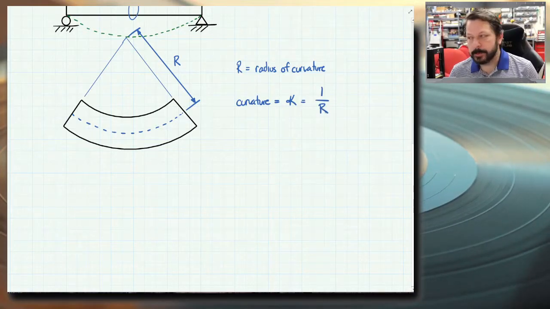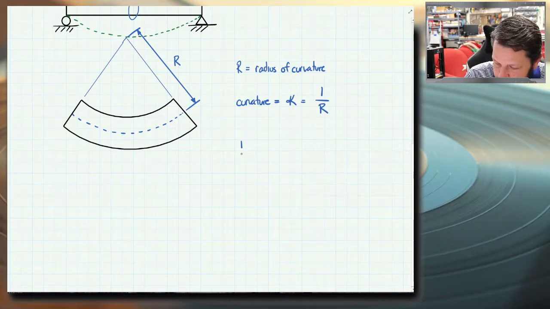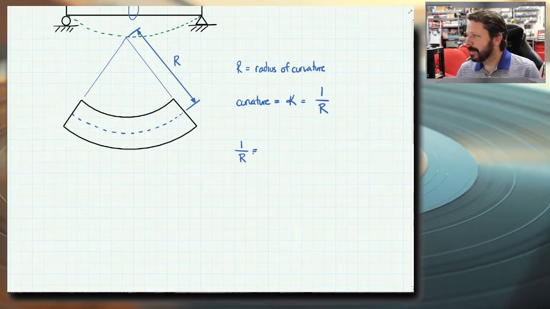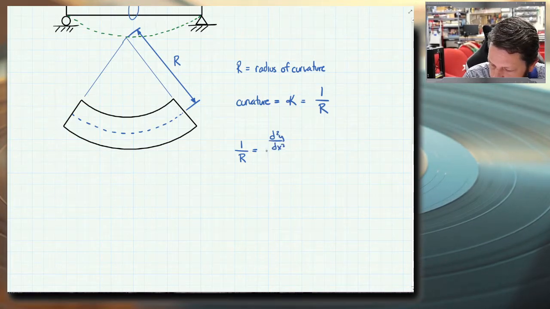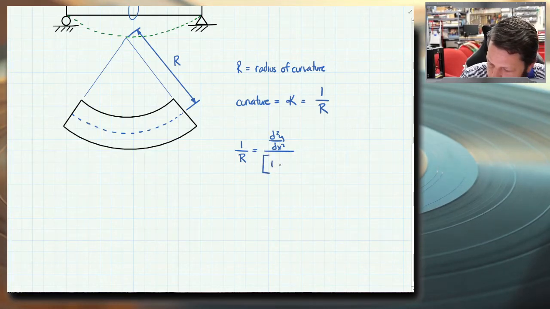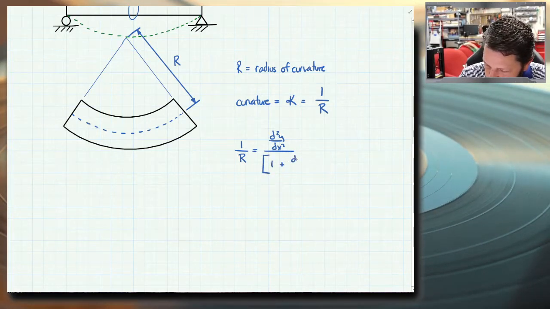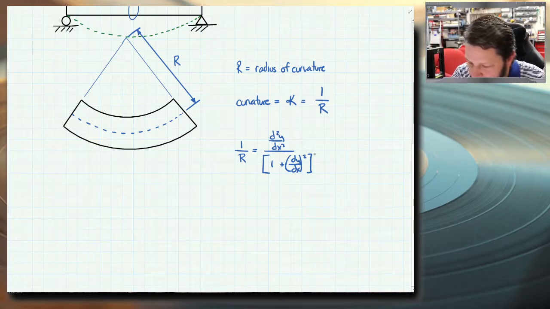So that's useful to us in a second, because there's a mathematical equation that we're not going to derive, but we're going to write down, that says if you have 1 over R, where R is the radius of curvature, then that equals the second order derivative of y with respect to x, over 1 plus the first order derivative squared, to the 3/2 power, I believe it is.